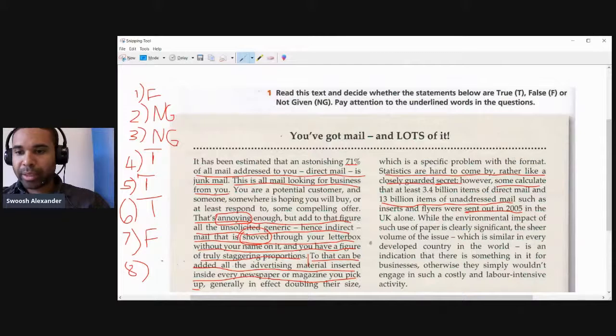Okay, it says here the sheer volume of the issue is an indication that there is something in it for businesses. Otherwise, they simply wouldn't engage in such a costly, labor-intensive activity. So the answer to that, then, we can say is true. The belief is that it is profitable for businesses. Otherwise, they simply wouldn't do it.